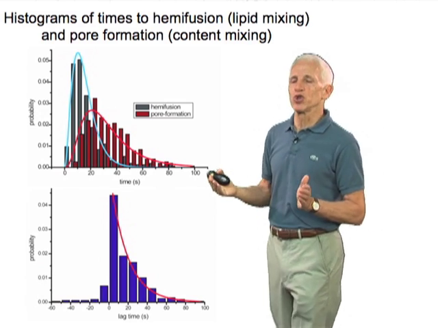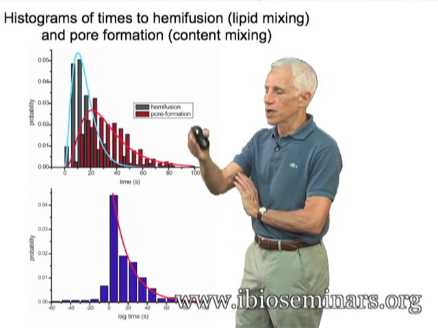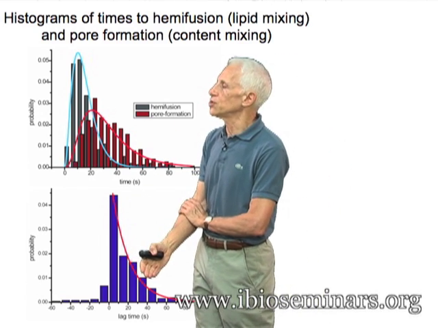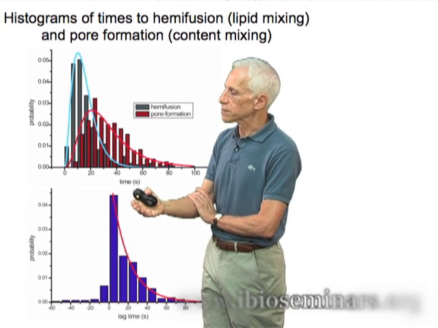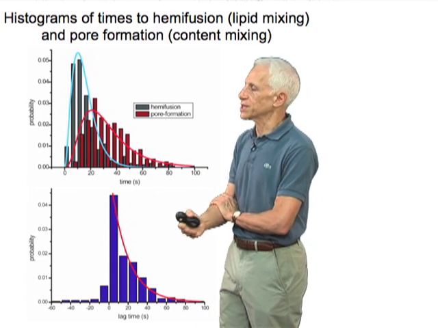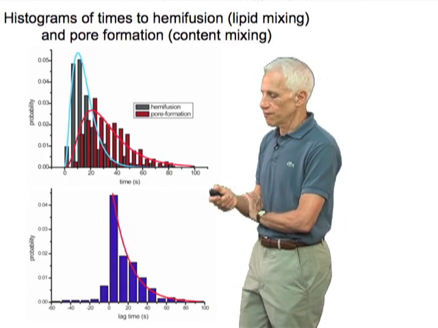Then you know that there are multiple kinetic steps. Whereas if there's a simple single kinetic step, you would just see a single exponential decay, as you indeed do if, on a particle by particle basis, you plot the time between hemifusion and fusion.